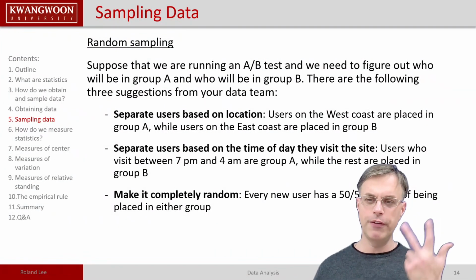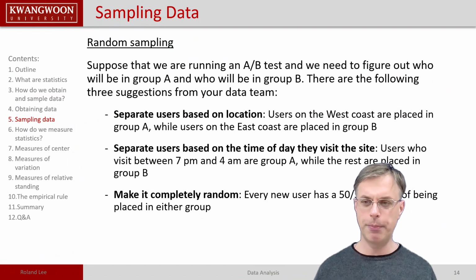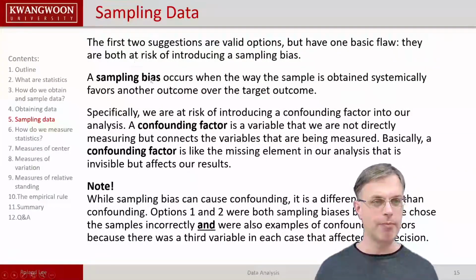There are the following three suggestions from a data team. For example, separate users based on location and separate users based on time of the day, and make it completely random. Now, we have a sampling bias when the way the sample is obtained systematically favors another outcome over the target outcome.